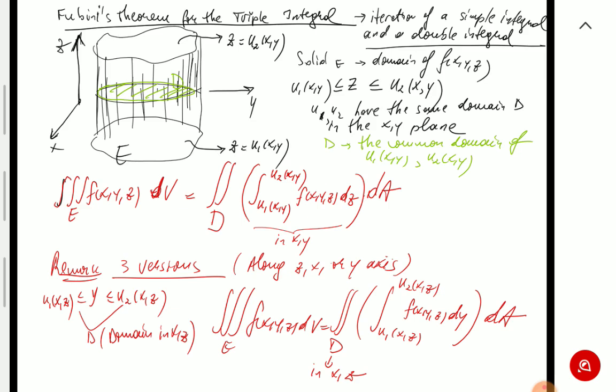So it is crucial, as a last remark before we turn to an example or two, to identify which is the innermost integral. Most of the time it's obvious. Sometimes you may not have a unique answer, because when I say u1 of xy, first of all, one of these can be a constant. Remember, a function in x and y doesn't automatically have to contain both x and y.